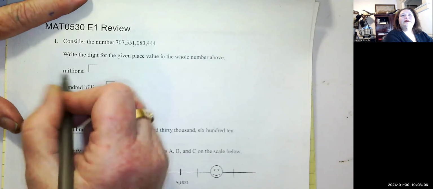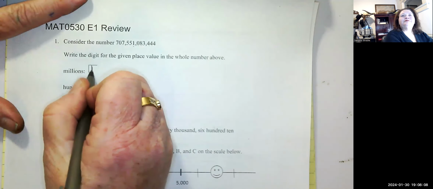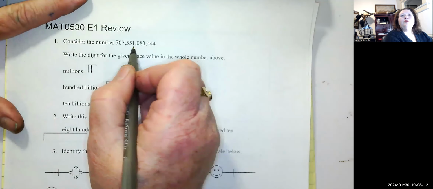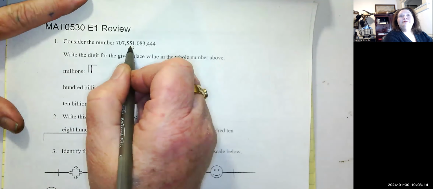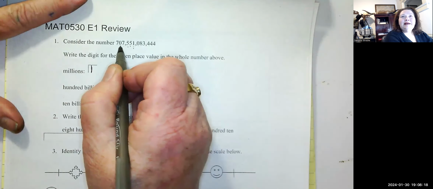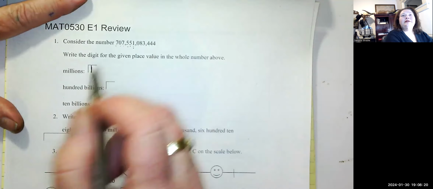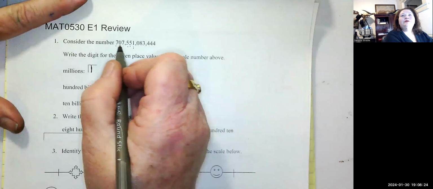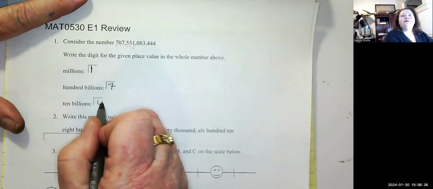So 1 is in the millions place. All right. 100 billions. Well, the 1 was in our millions, 10 millions, 100 millions. Nope, we need billions, 10 billions, 100 billions. So that would be 7. And then 10 billions was back here at 0.